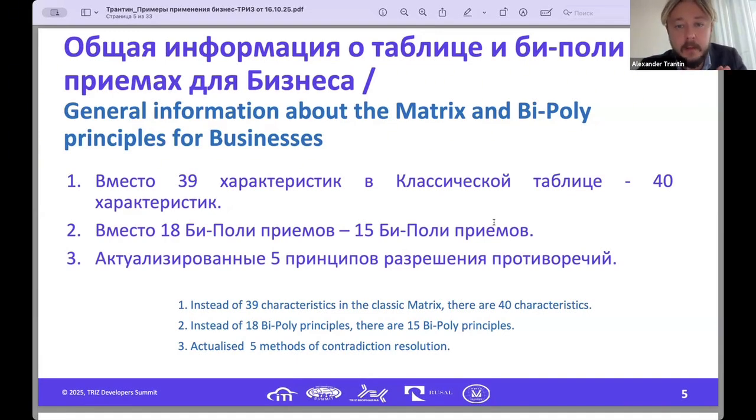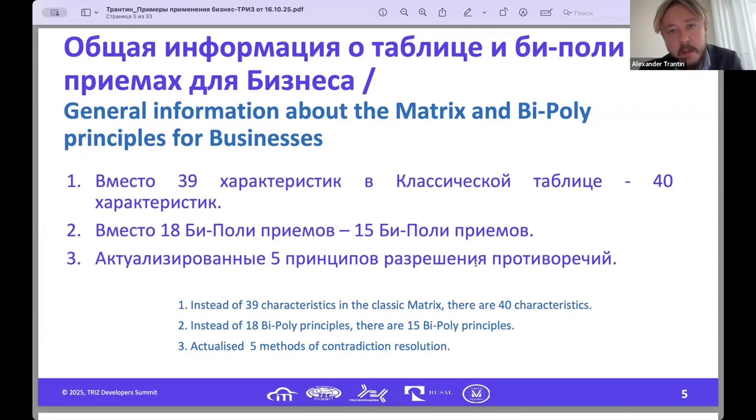We also use a contradiction matrix, and we use 15 bipolar principles instead of 18. Mikhail Semyonovich told us about the 18 bipolar principles. Some of those principles could not be used in the business environment because they're purely technical. That is why we didn't want to invent the wheel or have this magic in there, so we wanted to have these updated, actualized methods of contradiction resolution.